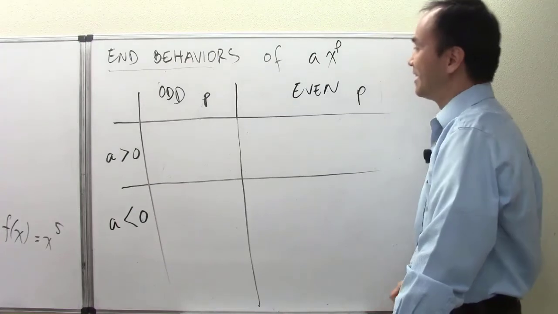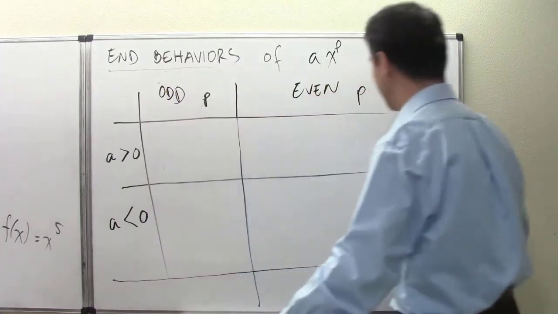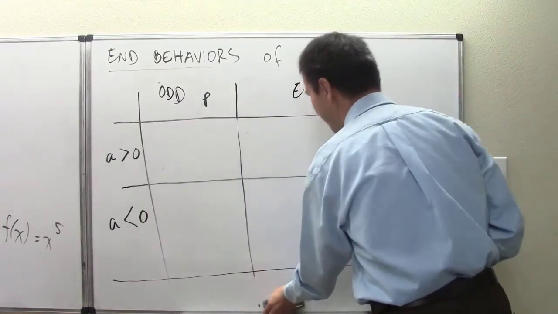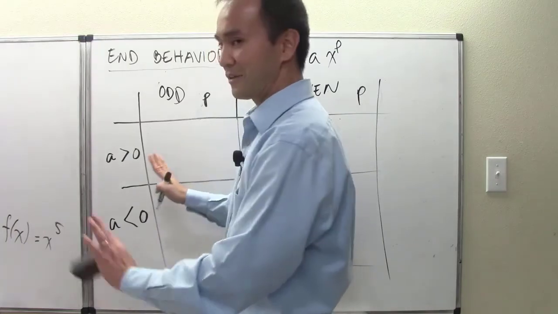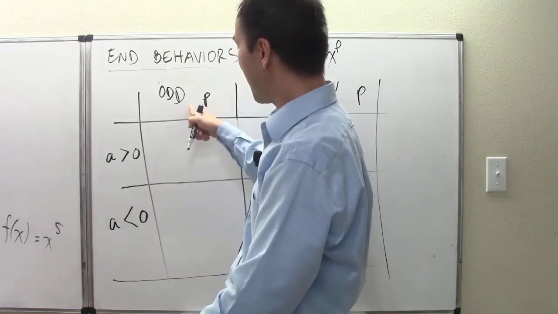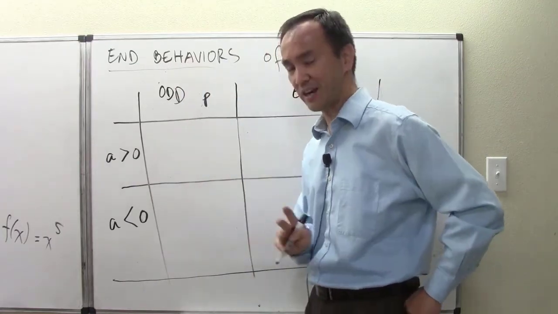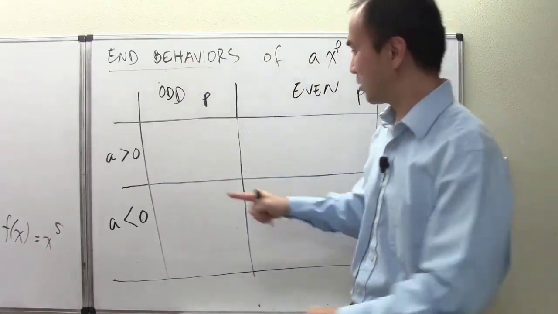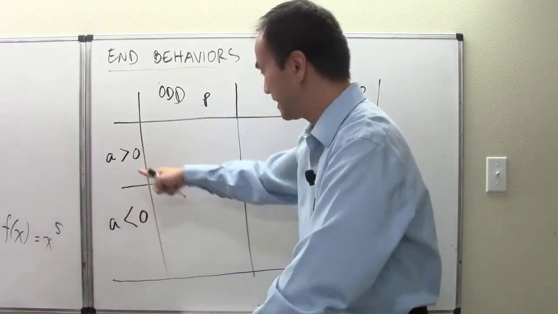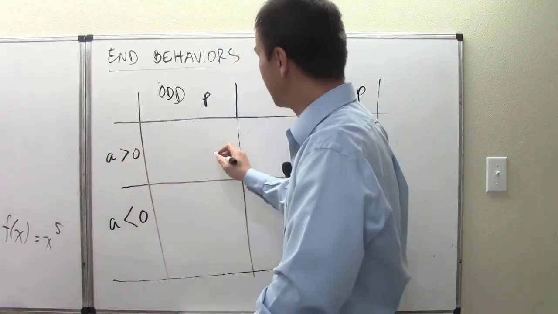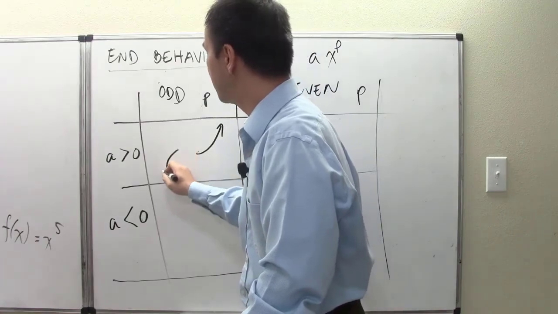Graphically speaking, when it's an odd power, the right end and left end go in opposite directions. When the coefficient in front of your power function is positive, then the right end points up and the left end points down.